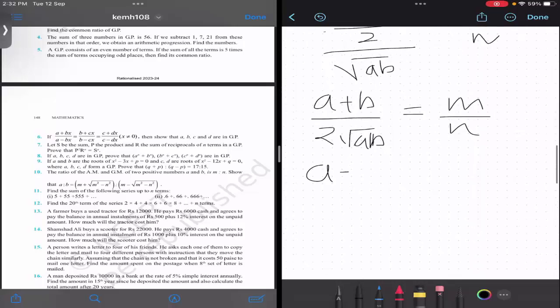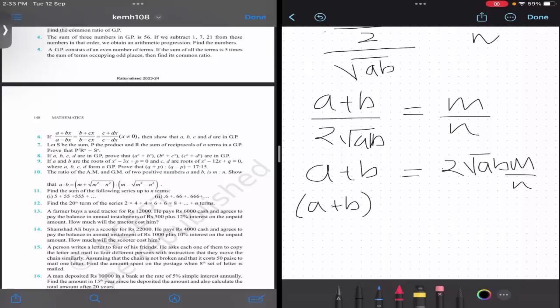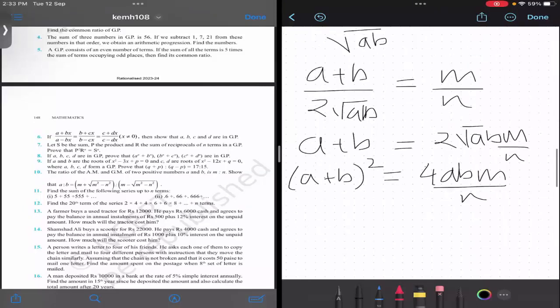Multiplying this, you would have A plus B upon 2 root AB equals M upon N. Taking square on both the sides, you would have A plus B whole square equals 4AB M square upon N square.